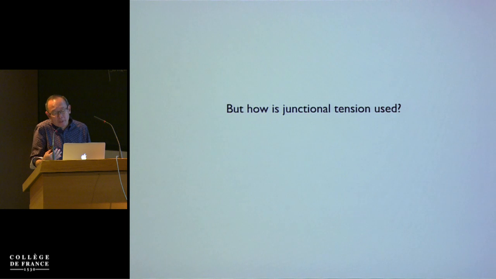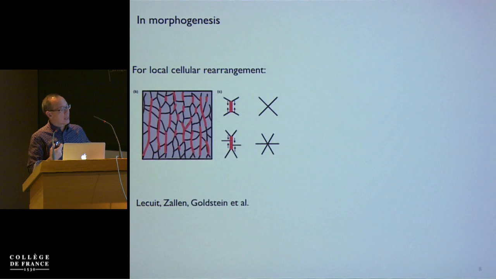But I guess the larger biological question is, how do you use this coupling of actomyosin and adhesion? How do you use the tension that might be generated as a result? And many of you who have been to, say, Thomas's lectures, but many other talks in the field, will know that patterns of junctional tension have recently been implicated as fundamental determinants of morphogenesis.